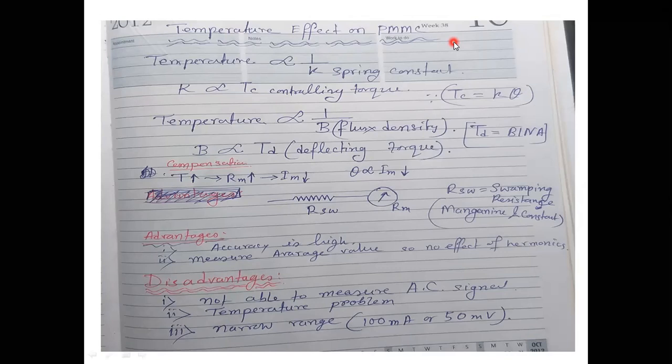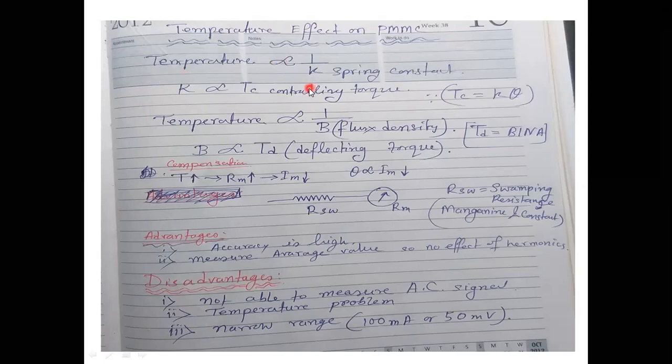The restoring torque, or controlling torque, is given by the spring, and the damping torque is given by a gravitational damper or weight damper, which is a small weight at the end of the pointer.